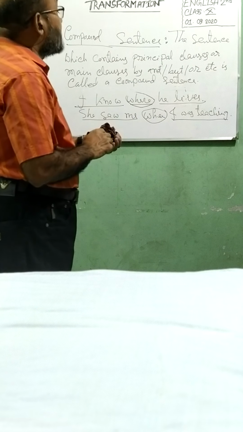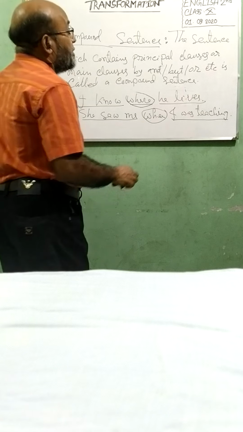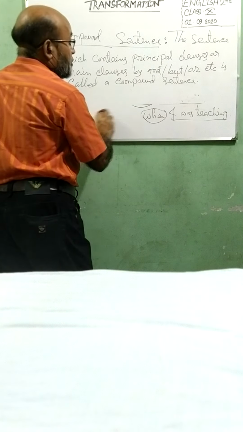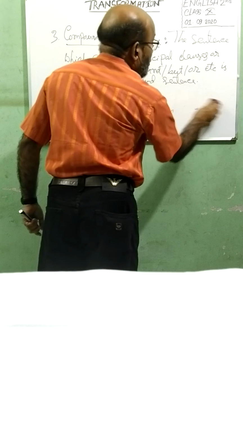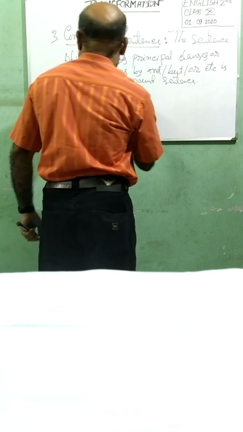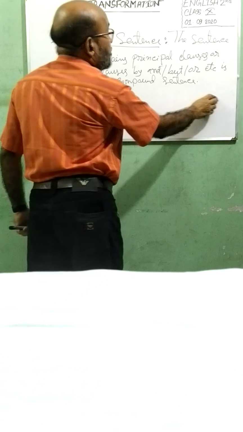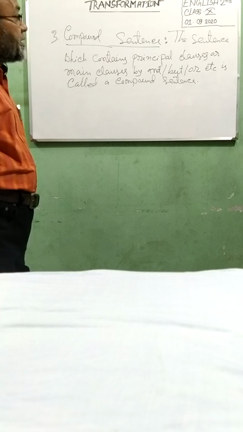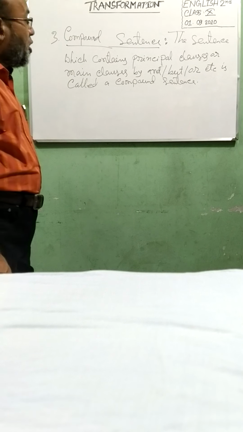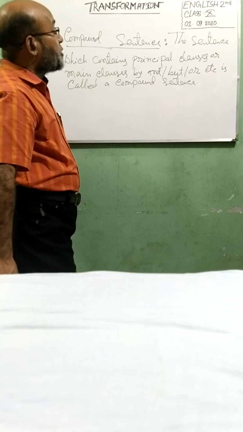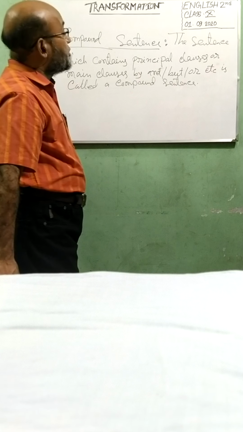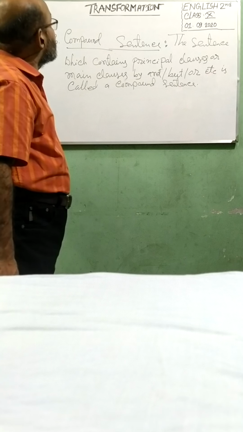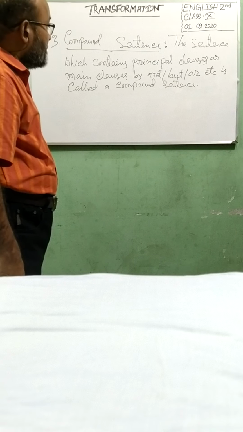In a compound sentence, there is more than one principal clause, maybe 2, 3, or 4 principal clauses, connected with but, or, and, not only but also, therefore, etc. These sentences are compound sentences.